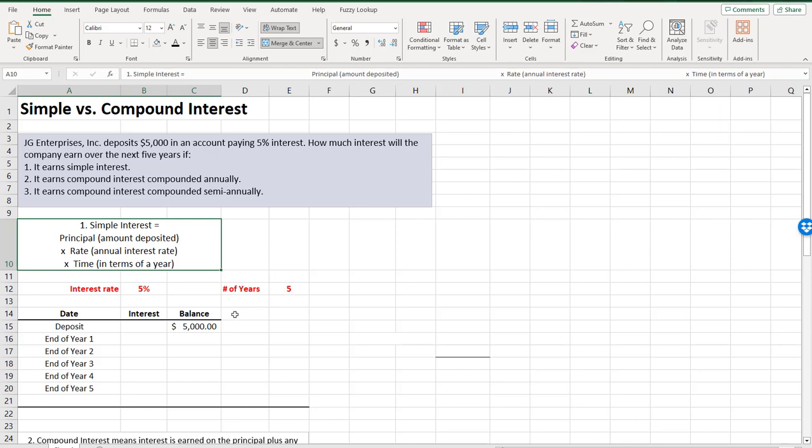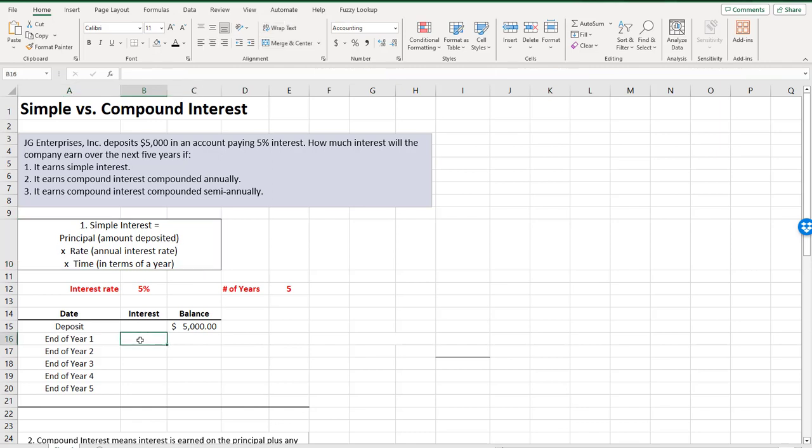And let's look at simple interest and what the account balance will look like over the course of 5 years. We're going to do these the long way so that you understand the concepts behind the numbers, and then we're going to do it the faster way, which is a little bit quicker formula and also using the future value function for compound interest.